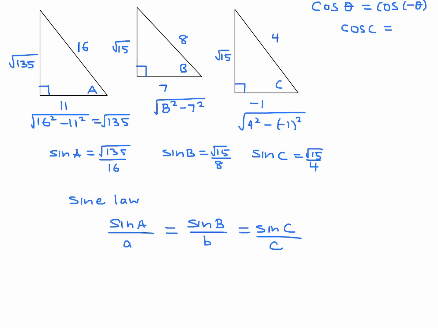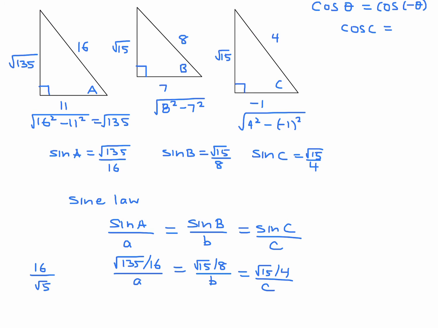We've got root 135 over 16 over A, then root 15 over 8 over B, and root 15 over 4 over C. Now let's multiply through by 16 over root 15.